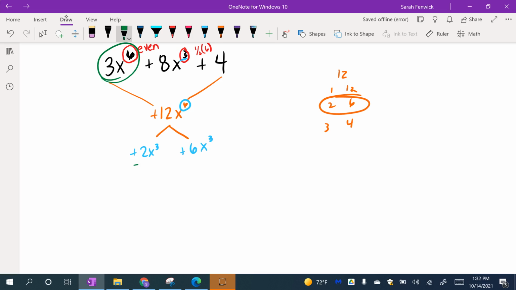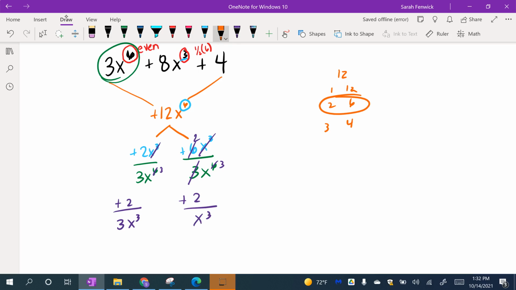Divide by that lead term, 3x to the 6th, and simplify. So here, that takes 3 of these away, and we have positive 2 over 3x to the 3rd. Here, those simplify, and this takes 3 of those away. So I have positive 2 over x to the 3rd.